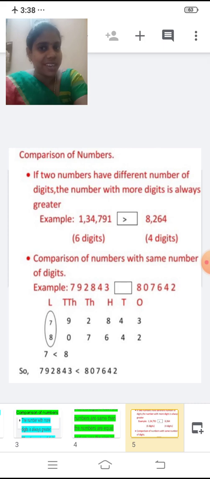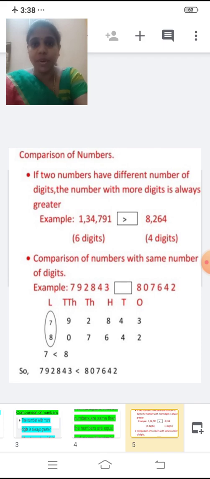Since 7 is less than 8, the first number 7,92,843 is less than 8,07,642.